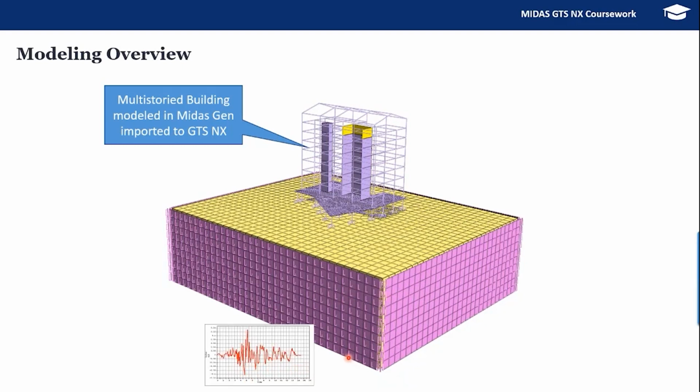As you know, infinite boundary conditions are required every time when you go for seismic analysis. Hence, I'm applying a free field condition. This is your free field condition. What is this free field element, and what are the different dynamic boundary conditions? We'll be dealing with these dynamic boundary conditions in the upcoming slides.